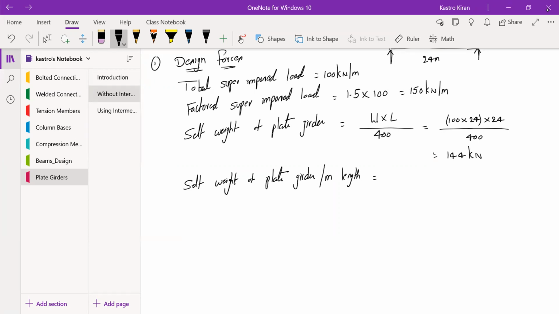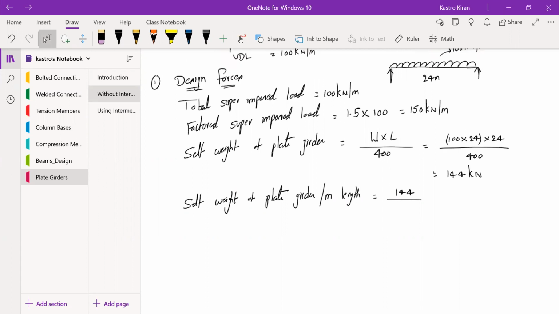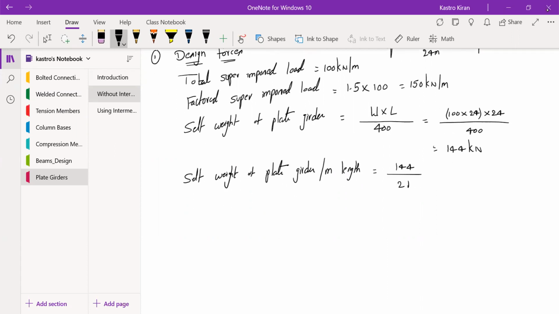You know the total load, that is 144. We have 24 meters of span, so upon 24. This will be 6 kilonewtons per meter. So per meter length, you have a load of 6 kilonewtons acting on the plate girder.